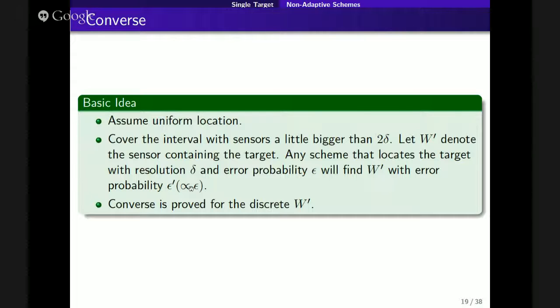So if I just take the unit interval and put my sensors on and use whatever system you give me, your system will also indicate which sensor it is. So this is the first step of the converse, which takes this problem back into a discrete setting.